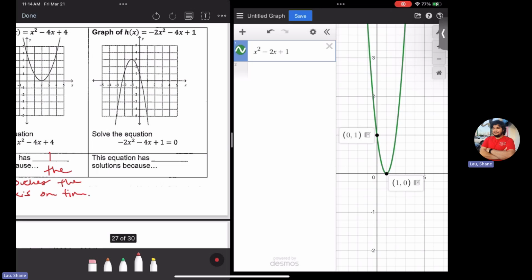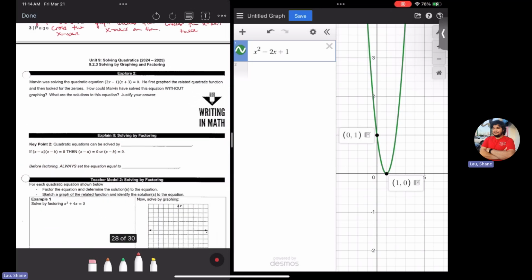Lastly, I see that this is going to touch twice. So the equation has 2 solutions because the graph crosses the x-axis twice. So make sure that you're doing that correctly.